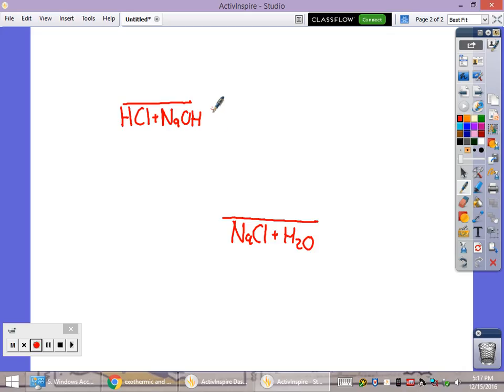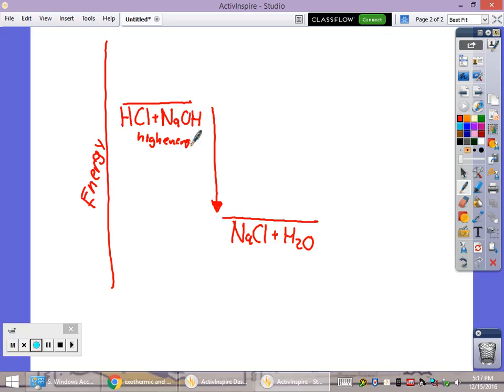As the energy goes downward, as you change from HCl and NaOH, which is higher in energy, to NaCl plus H2O, which is lower in energy, the reaction has to release energy as it forms bonds.